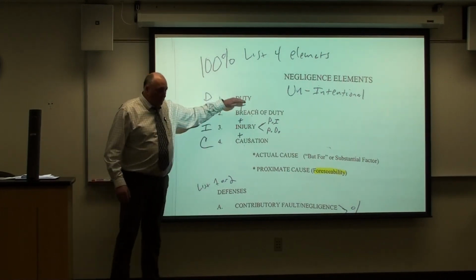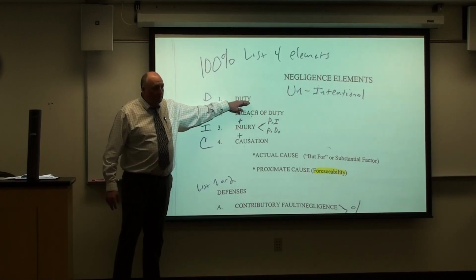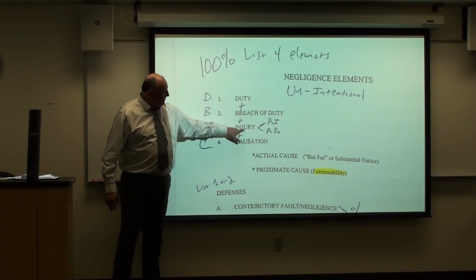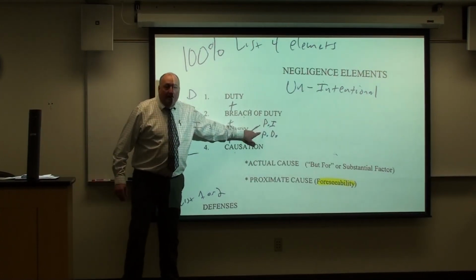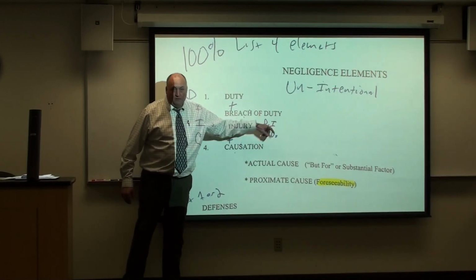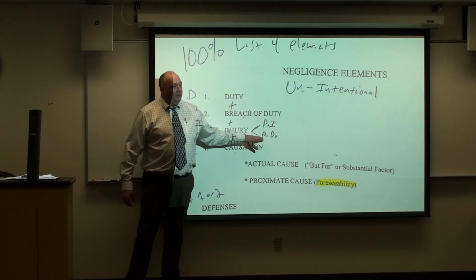Duty, a violation or a breach or a failure to follow that duty which causes an injury. Now right here, where I say injury, PI, PD. Personal injury, physical harm to somebody's body. PD, property damage.